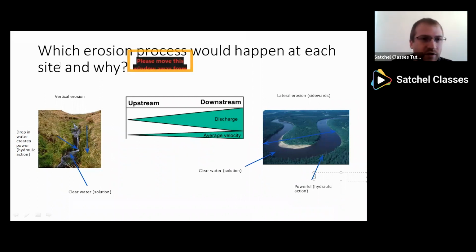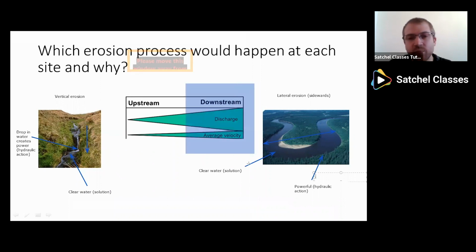Okay, so that could be happening right at this point. So ultimately, these different forms of erosion can happen at any point, but where there is more power, so downstream, that's where you're going to find more erosion taking place at a much higher rate.